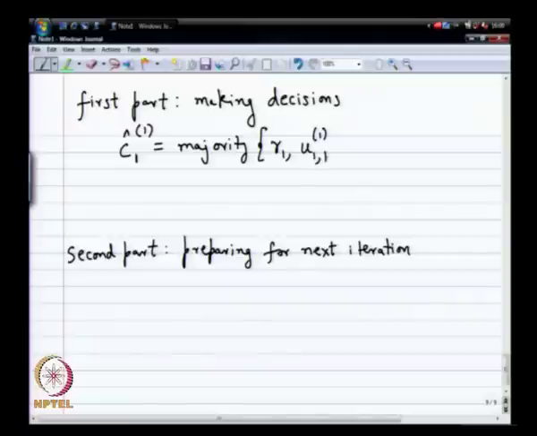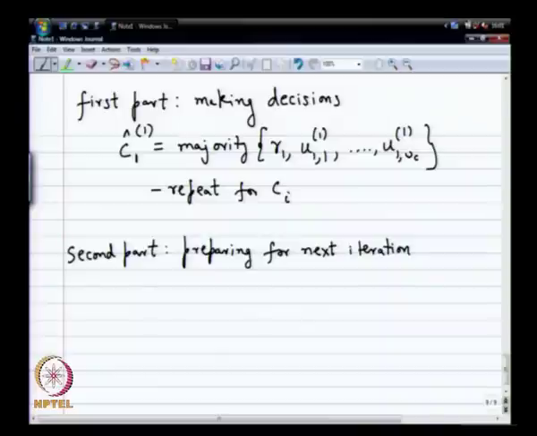Or if you want you can give some more emphasis to R1, I would give more weightage to R1. You can do this in multiple ways. It turns out this is not very crucial. So, making decisions is very easy. You repeat for C hat i1. That is the first part.